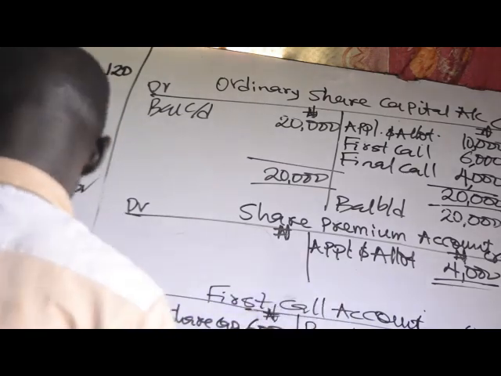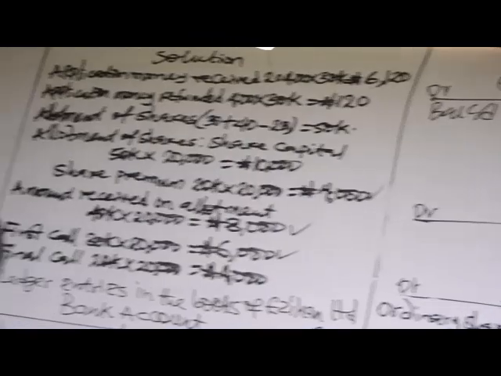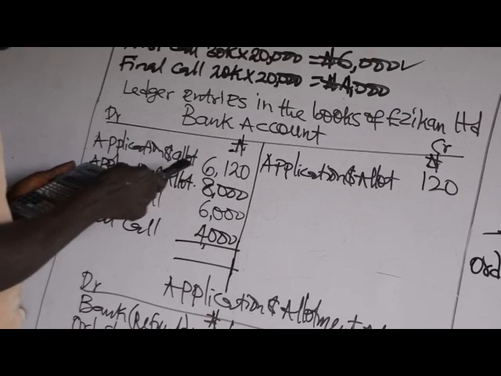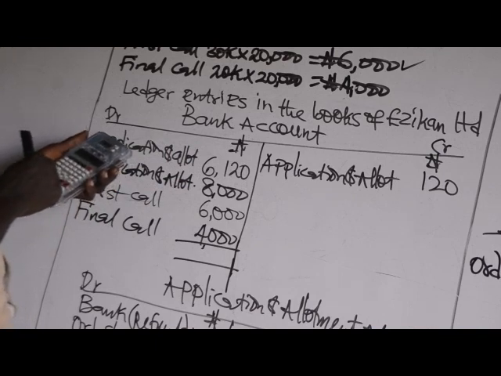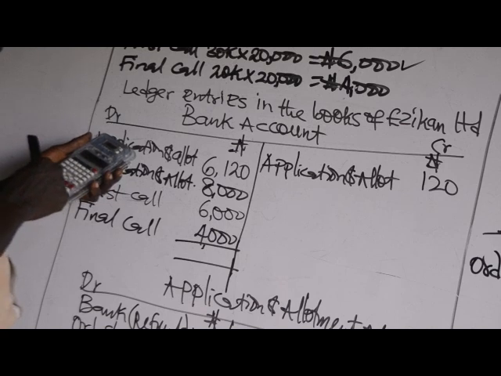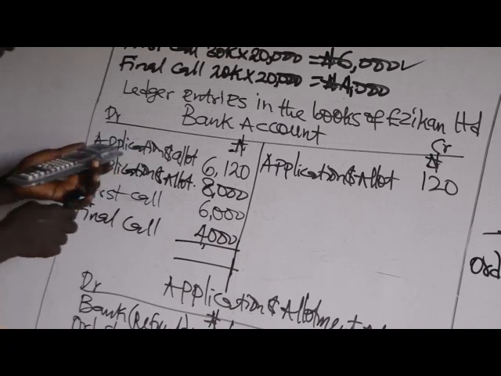Then the bank account, let's balance it. The amount we have in the bank account, 6,120 plus 8,000 plus 6,000 plus 4,000, we have 24,120.